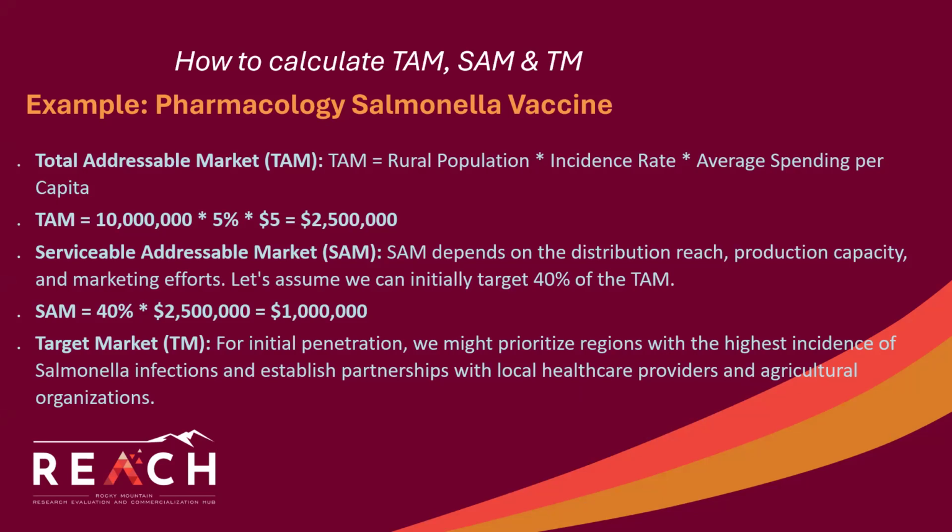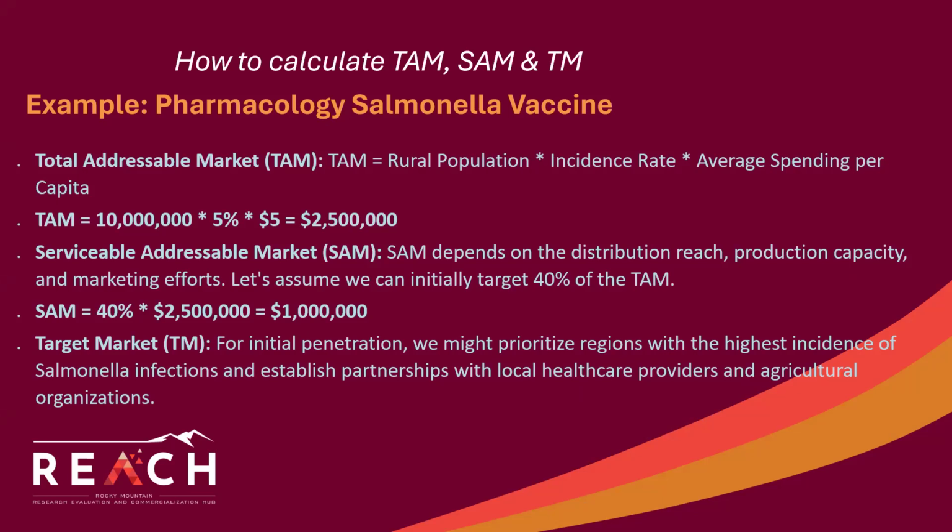Here's the calculation. To figure out your TAM, the formula would be rural population times incident rate times average spending per capita to address this problem. So the TAM would be 10 million times 5%, which is your incident rate, times $5, which is your spending per capita to address this problem, which equals 2.5 million.